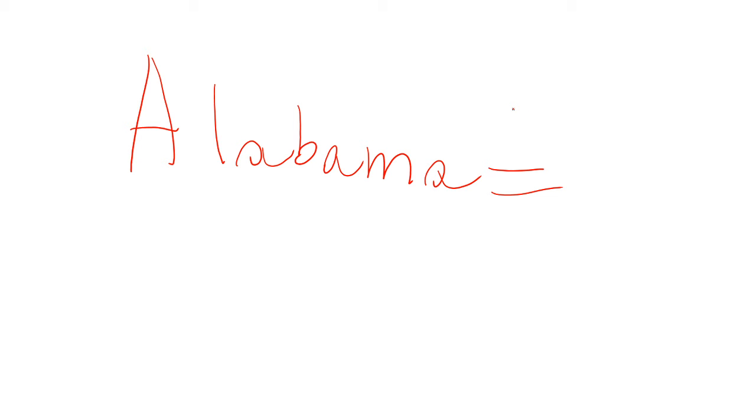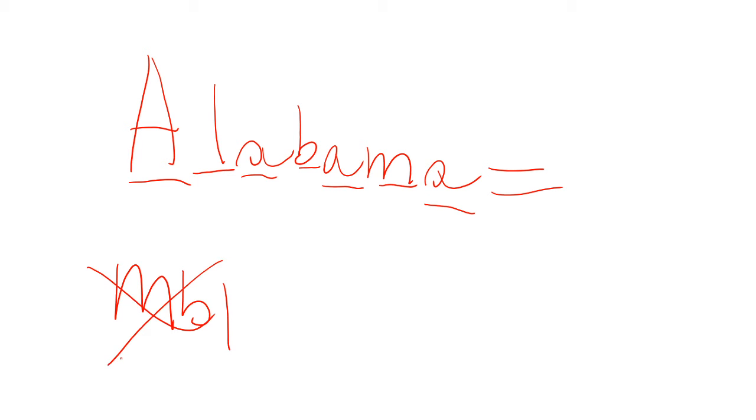So here we have an A that's repeating. Really the only thing that's repeating is the A, and we also have the big A in the beginning. The only different letters we have are M, B, and L. So we can put these aside. And then we're going to have A and another A. That's our main focus. But to get Alabama, we need to include the L, B, and M.